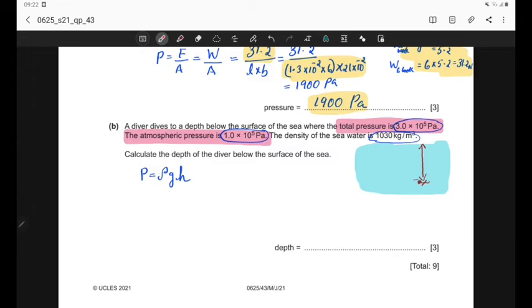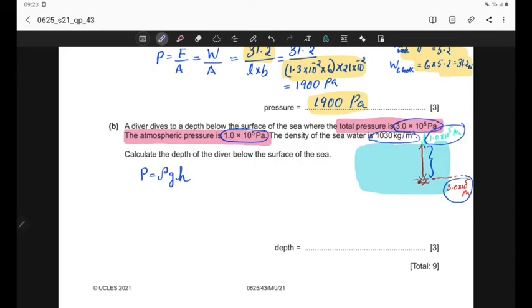That means the total pressure at this point is 3 times 10 to the power 5 Pascal. But out of this total pressure, 1 into 10 to the power 5 Pascal is due to the atmospheric pressure. So at this point, to calculate the pressure due to the seawater, we will have to subtract the total pressure minus the pressure due to the atmosphere.